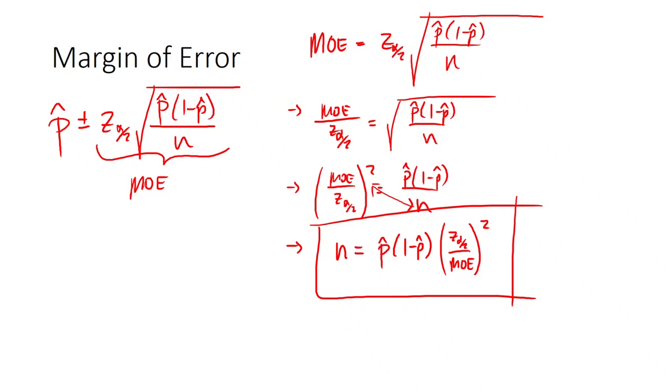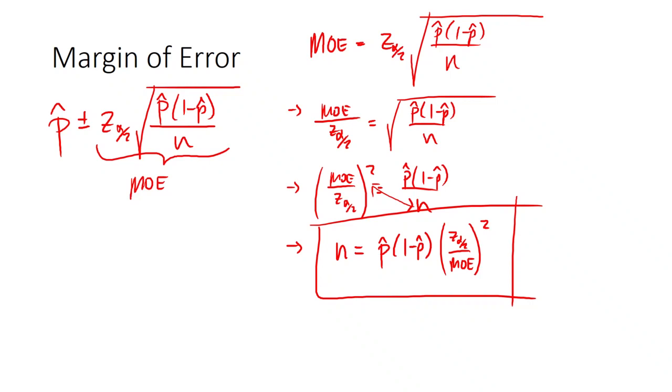If we have some estimate of the sample proportion, and we know what confidence level we're using, that would tell us our z value, and we know the margin of error we're trying to obtain, we could come up with a sample size that would tell us how to get to that margin of error. That's the point of the formula.